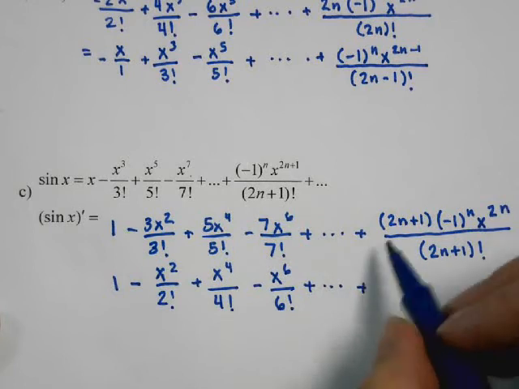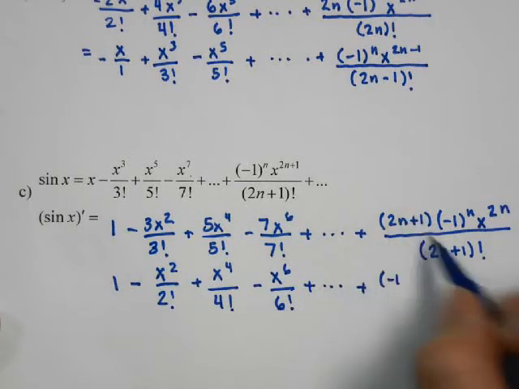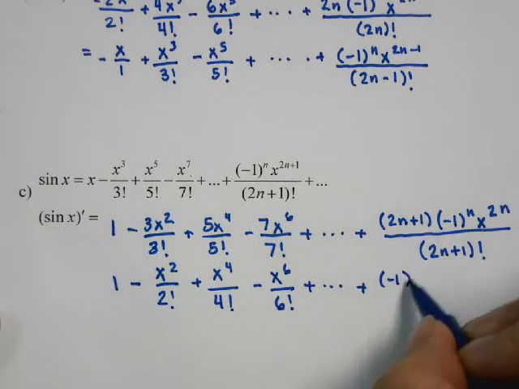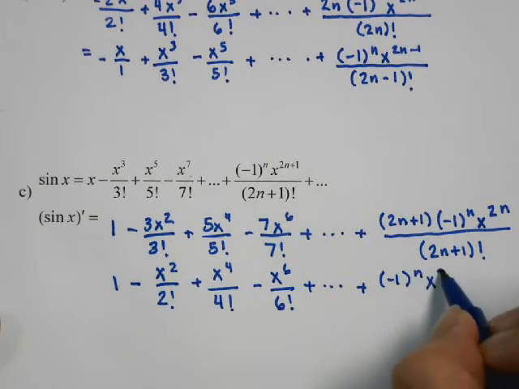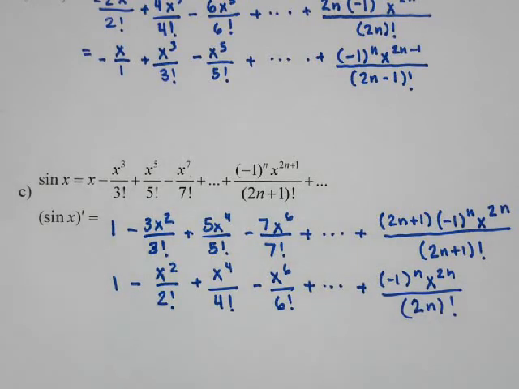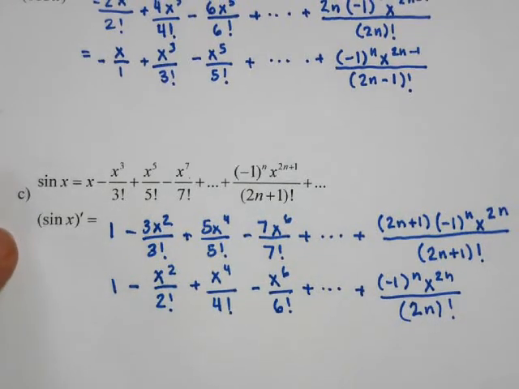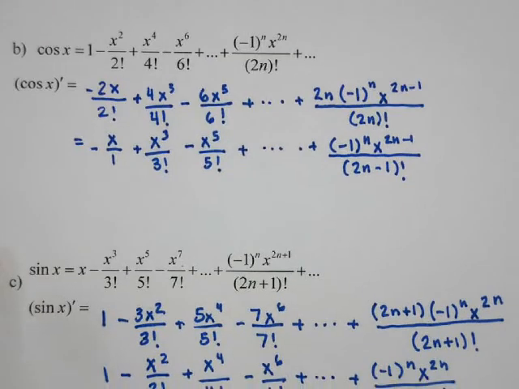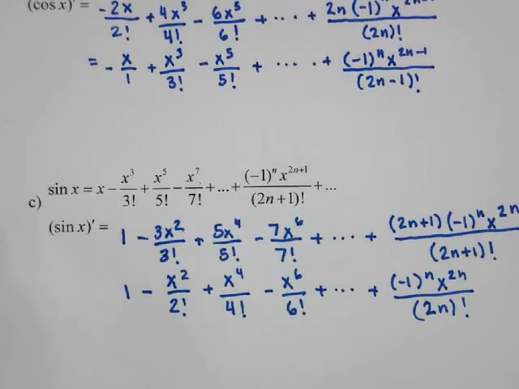The general equation, the 2n plus 1 and 2n plus 1 cancel. Which means we want the number 1 less, which is 2n. And if you notice, this is exactly the same as cosine, which is the derivative of sine.